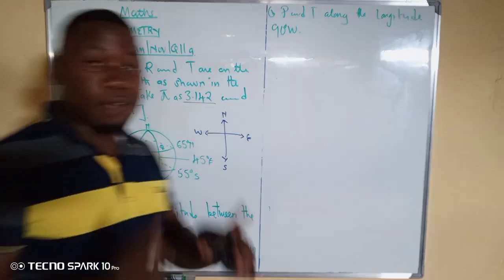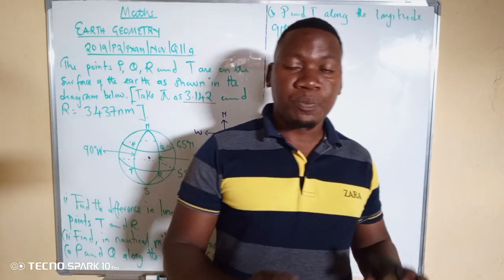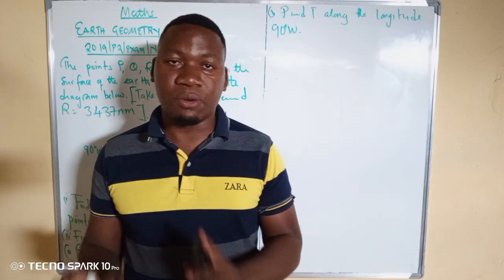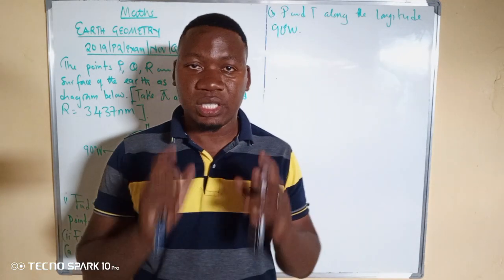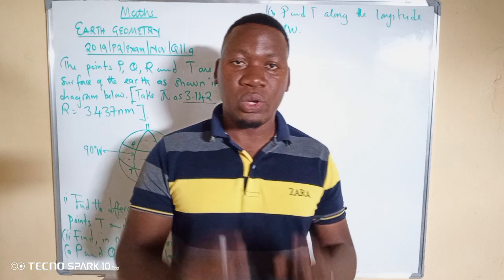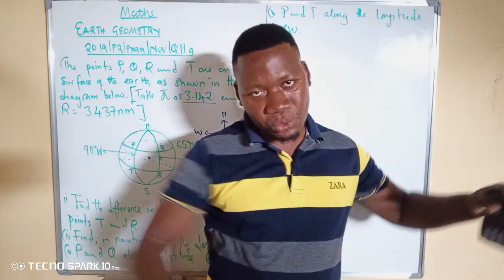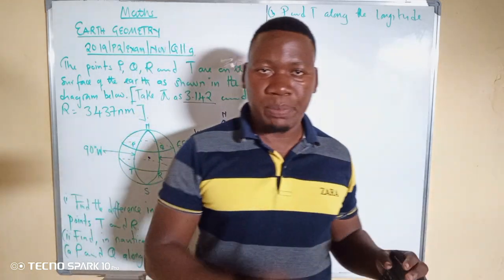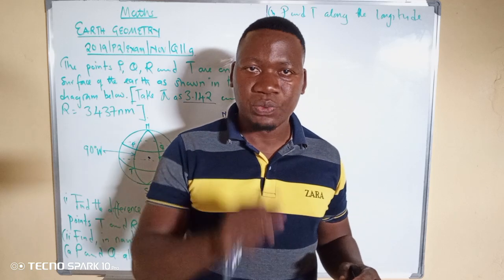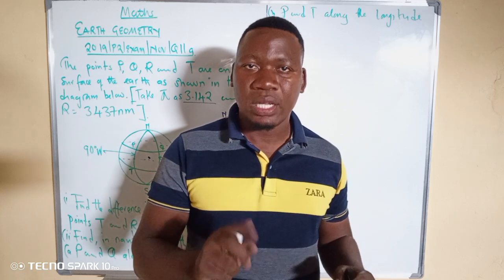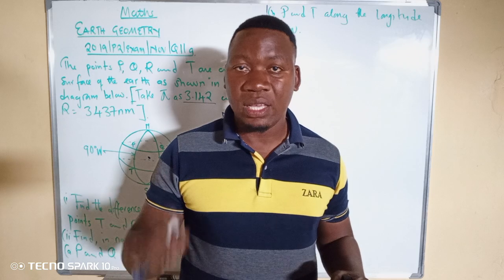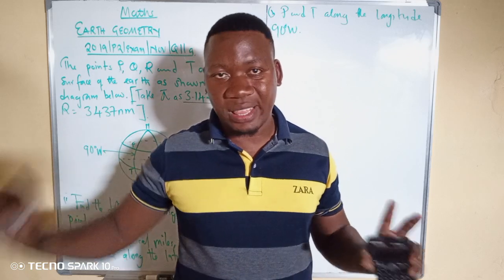So therefore, the formula is going to be different. There's a difference between a question along latitude and a question along longitude. When you're finding along latitude, the formula is D equals theta over 360 times 2 pi r, then cos theta at the end.